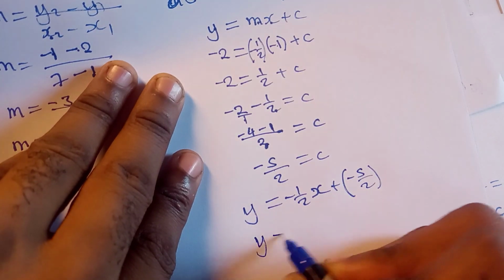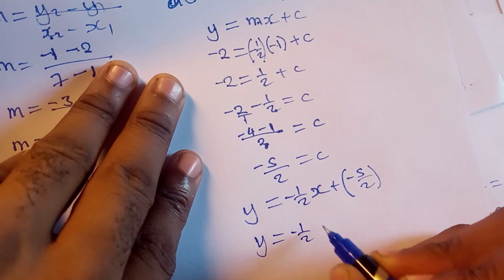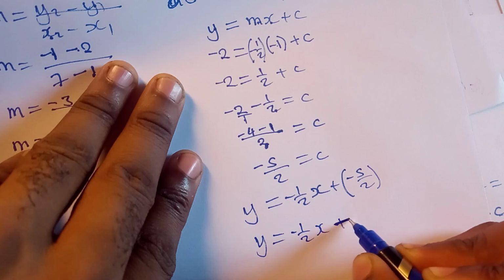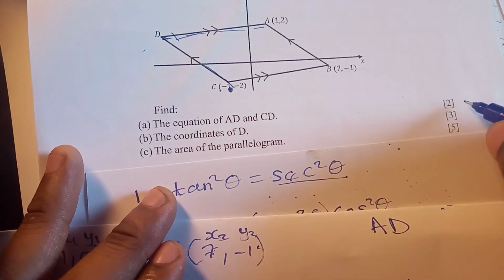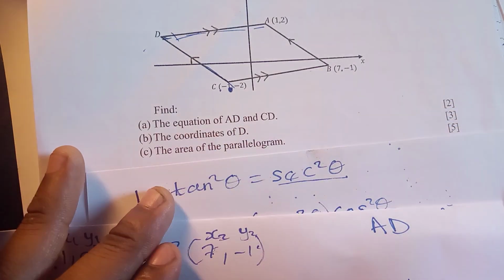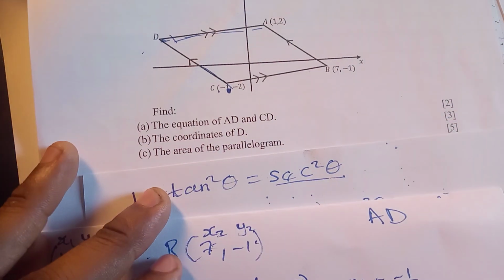So the equation here will be y = -1/2 x - 5/2, and you are done. By the way, this question had 5 marks. I just swapped when I was typing.